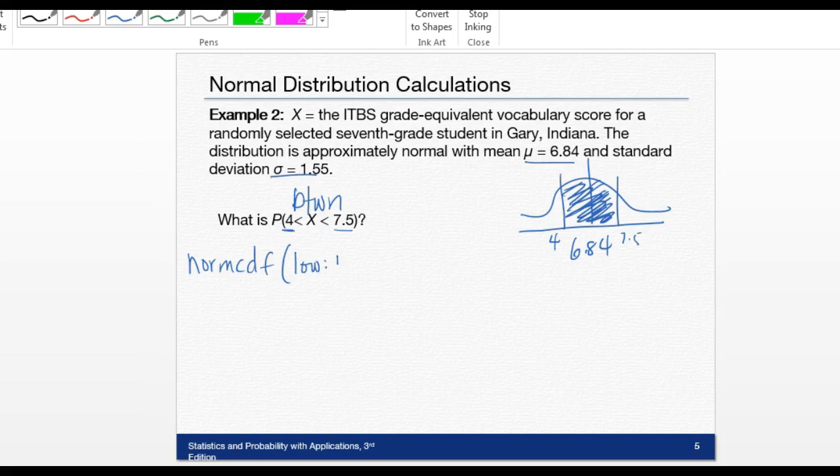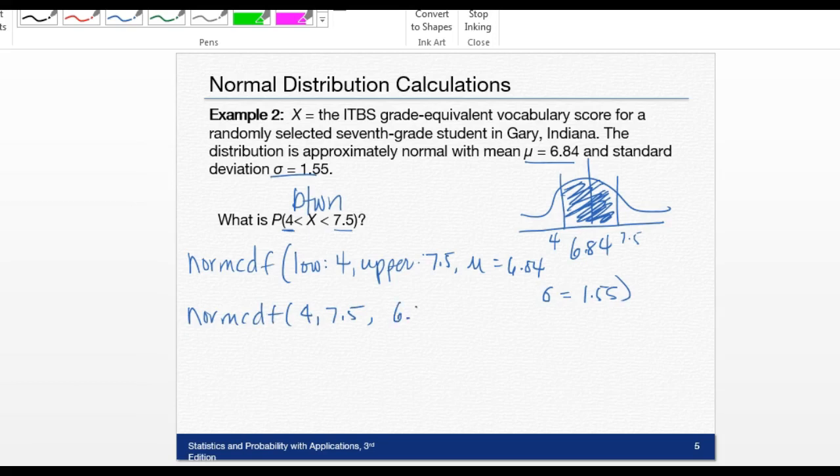So lower in this case is 4, upper is 7.5, mu is 6.84, and then sigma is 1.55. And I'm totally okay if you want to write it like this: norm CDF 4, 7.5, 6.84, 1.55. That's okay with me.